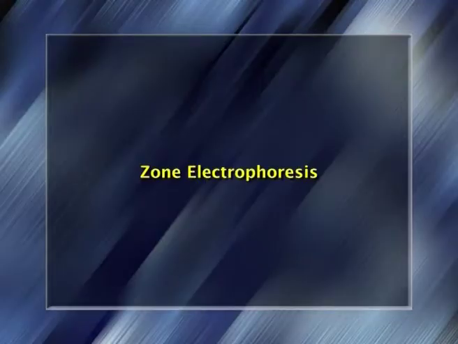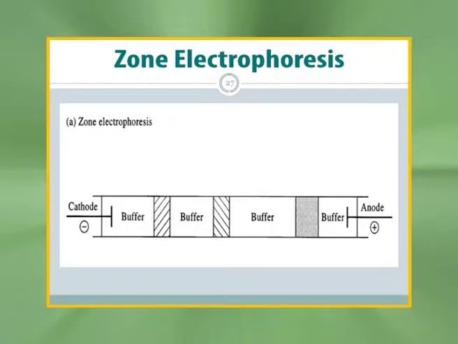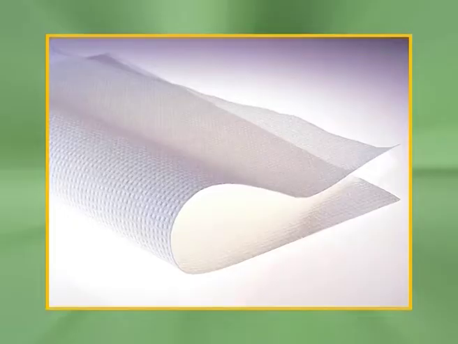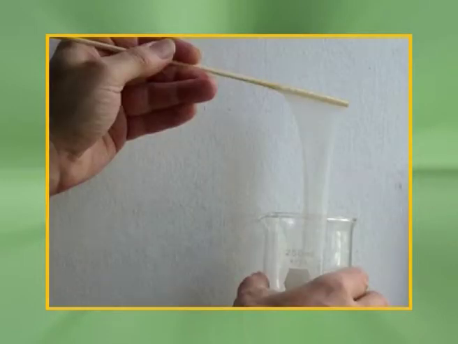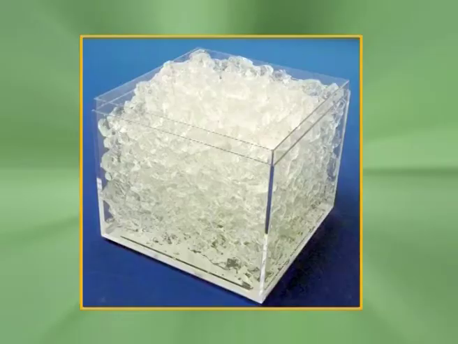The second type, that is zone electrophoresis, is a method in which an inert polymeric supporting media is used between the electrodes to separate and analyze the sample. The supporting media used in zone electrophoresis are absorbent paper, and gels of starch, agar and polyacrylamide.